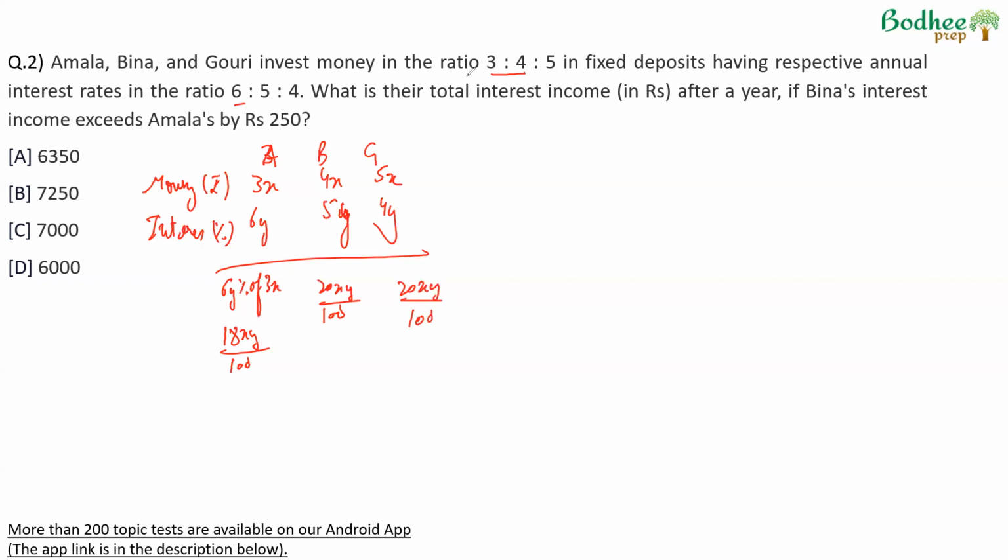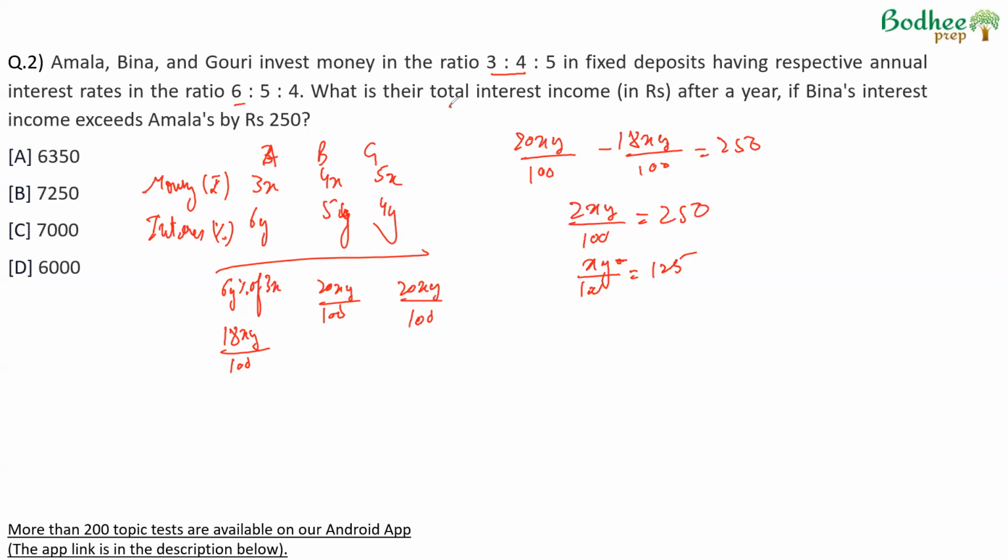Now, according to the question, Bina's interest exceeds Amla's by 250. We can see that Bina got 20xy by 100. Amla got 18xy by 100. This difference is given as 250, which means 2xy by 100 is 250, which further means xy by 100 is equal to 125.